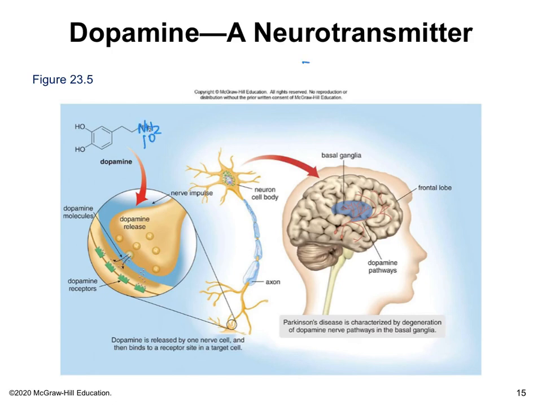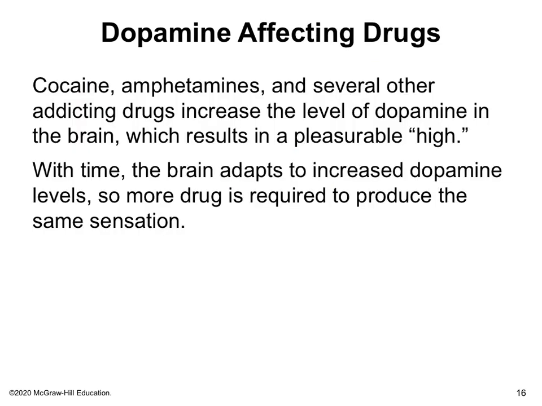And dopamine is a neurotransmitter that gets released in your brain cells. You have dopamine receptors. Cocaine is also a nitrogen-containing drug molecule. Amphetamines, they increase the levels of dopamine in the brain to make you feel good.